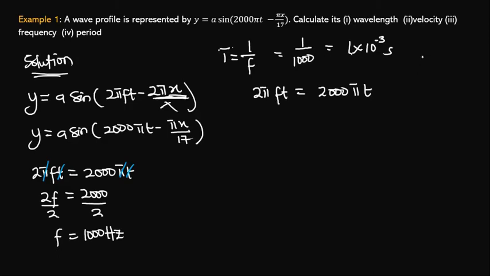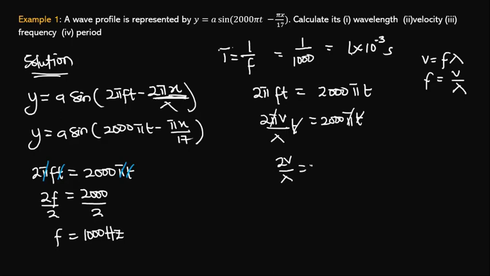We said velocity is equal to f lambda, and if we make frequency the subject, we get velocity on wavelength. So in place of frequency, we can substitute this. We have 2 pi v on lambda t is equal to 2000 pi t. The pi can cancel the pi, the time can cancel the time. So we have 2v on lambda is equal to 2000. Let's make this equation 1.